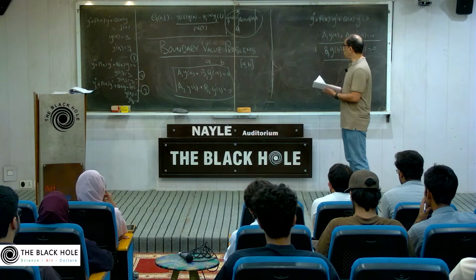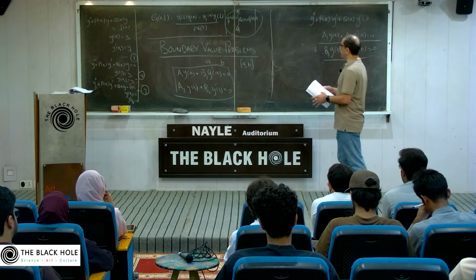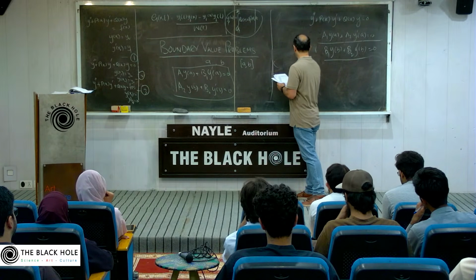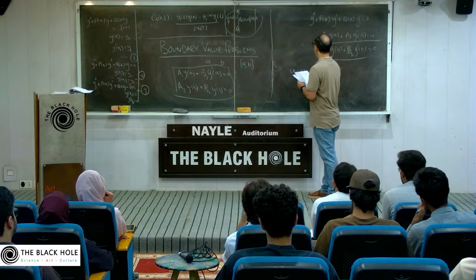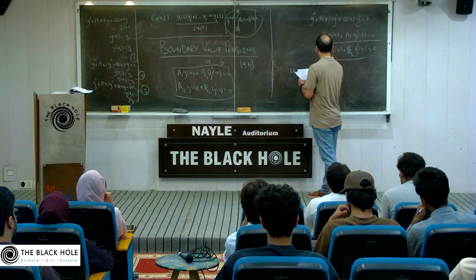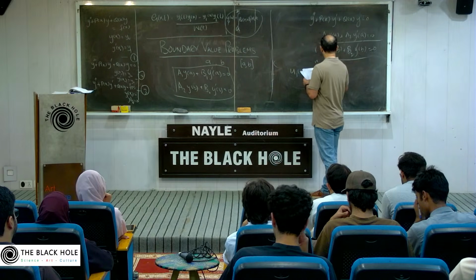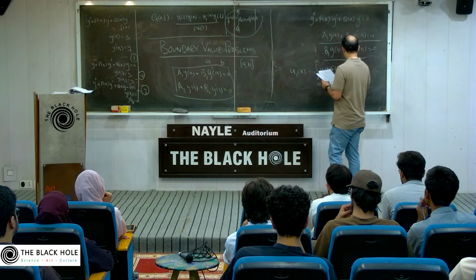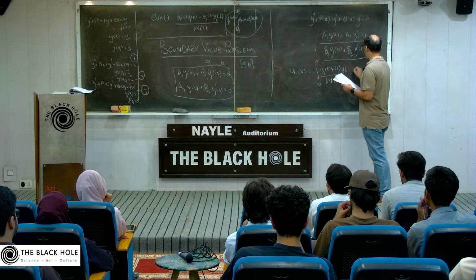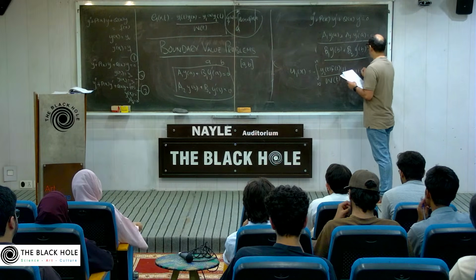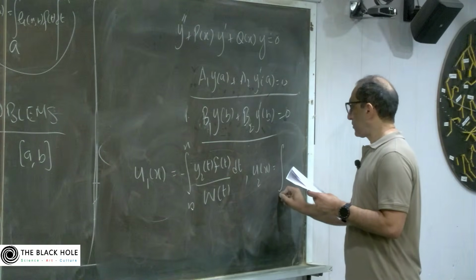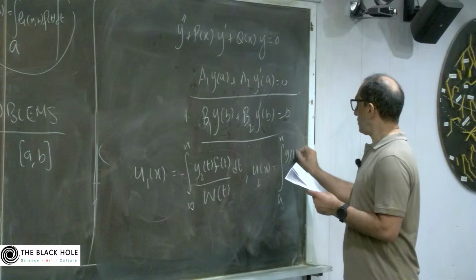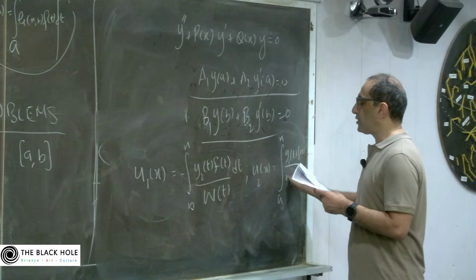The only thing that gets changed over here is that, using the method of variation of parameters, I will write u1 of x to be minus the integral from b to x of y2 of t f of t over w of t dt, and u2 of x to be the integral from a to x of y1 of t f of t over w of t.